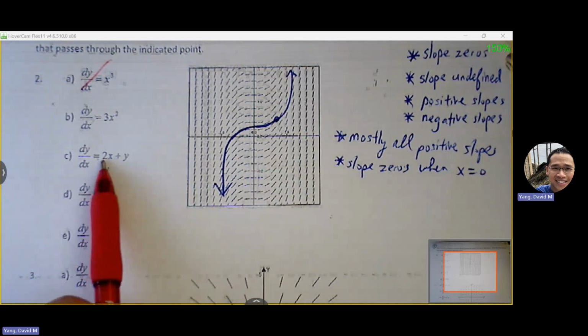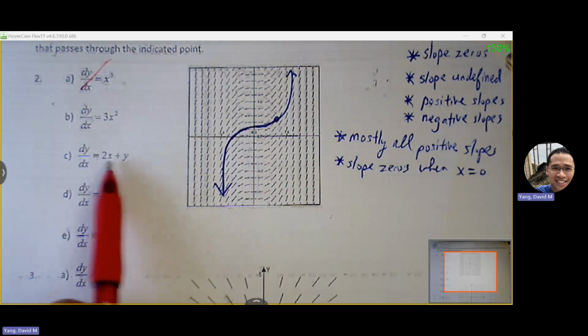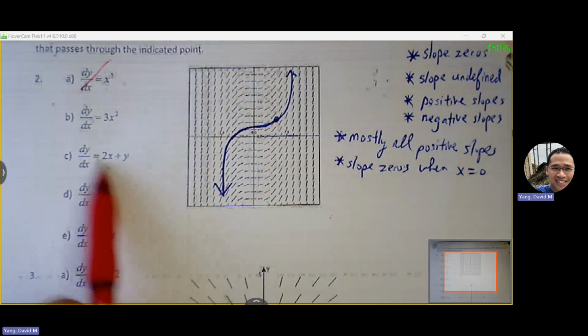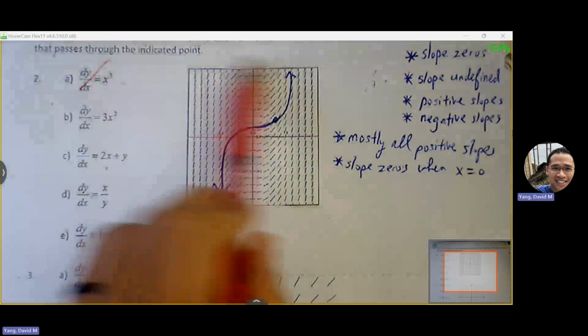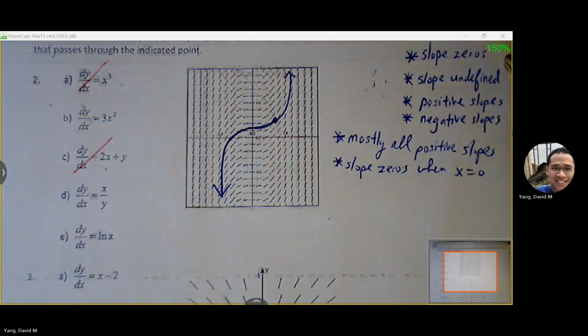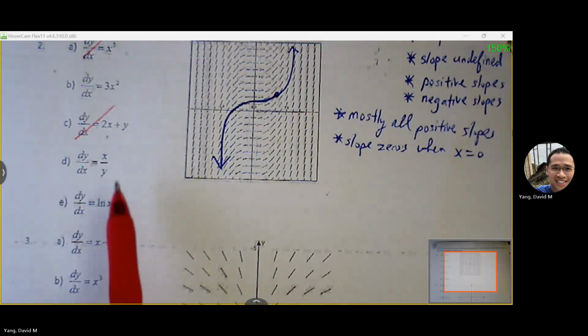2x plus y. Is this always going to be positive? No, right? You can imagine getting a negative y value or negative x value that could cause this to be negative. And we don't see any negatives here, right? So this one is out. Is x over y always positive? No, right?